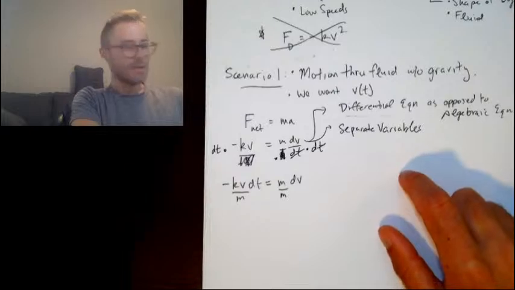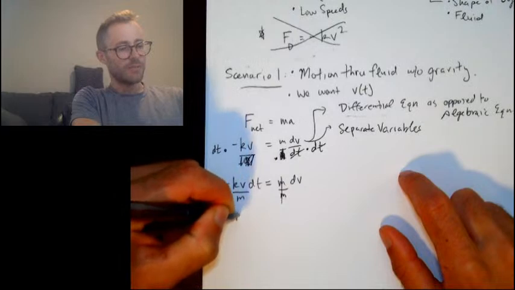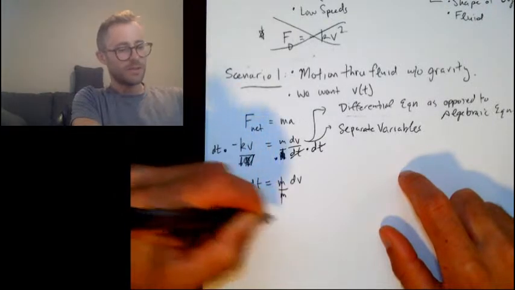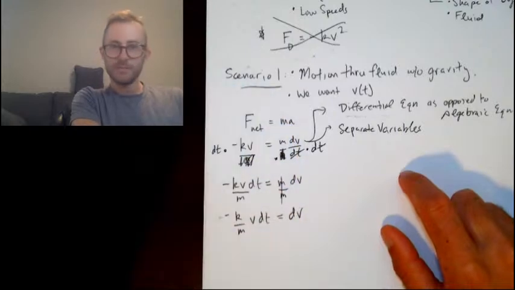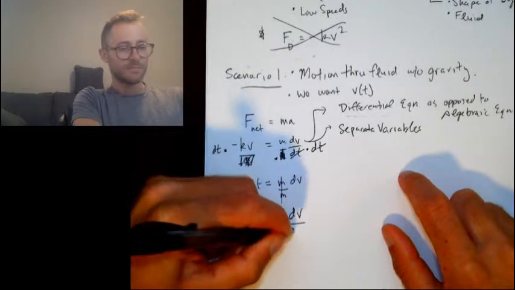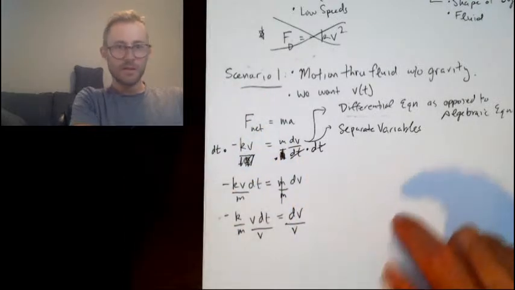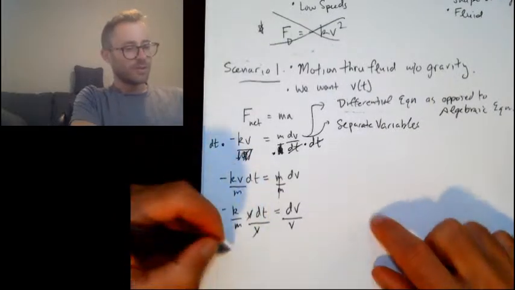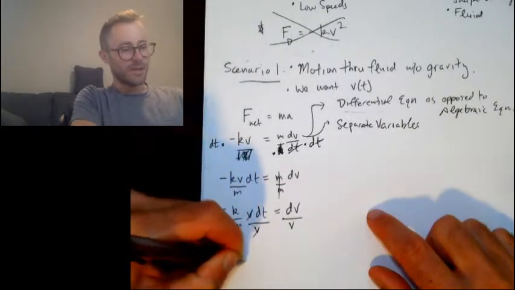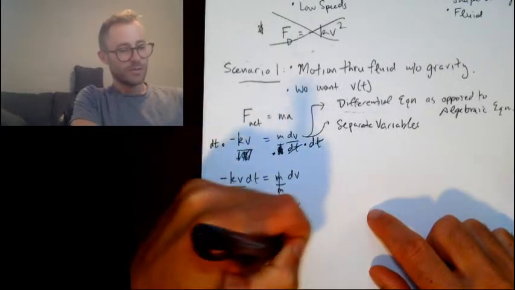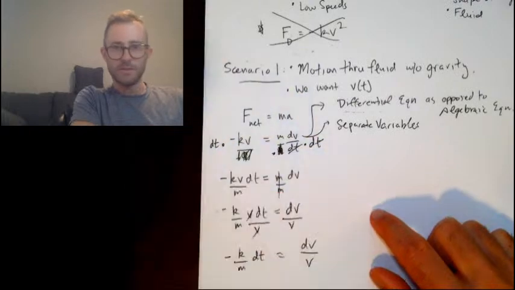Those cancel out, and on the left-hand side I have minus k over m v dt equals dv. And then I'm going to divide both sides by v, and these v's cancel out, and I get an equation: minus k over m dt equals dv over v.